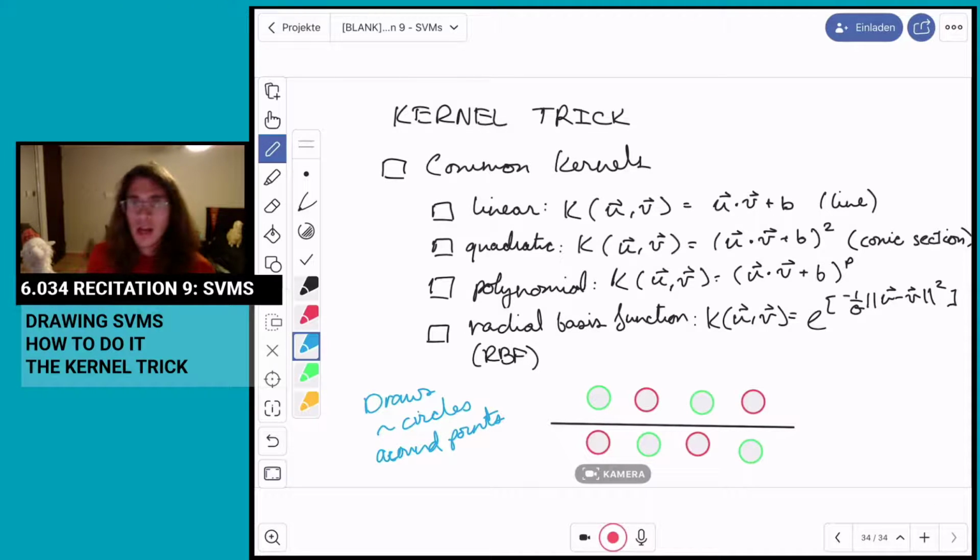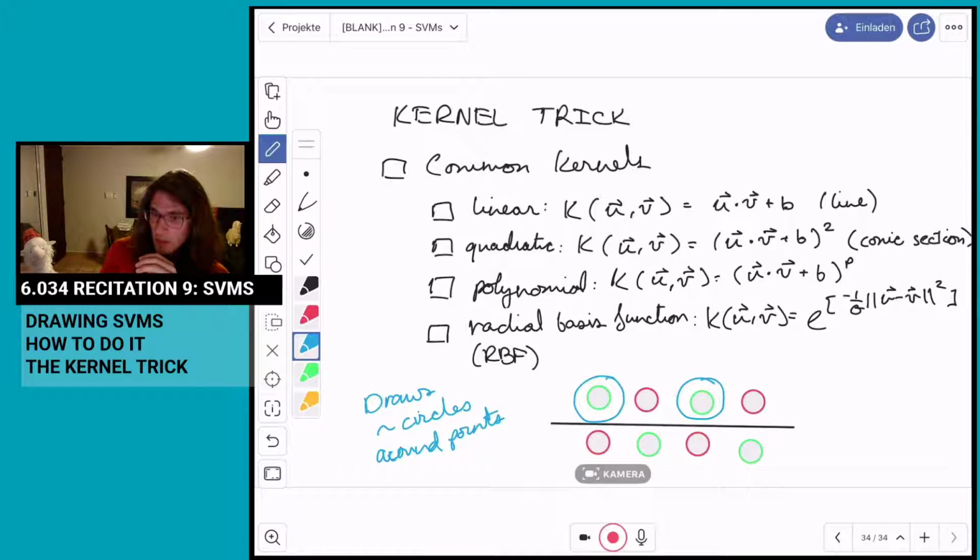So depending on how you tune that sigma value that I wrote without really commenting on, you can get the following behavior where you get a circle here, and you can get an individual localized circle around each point of a particular class.